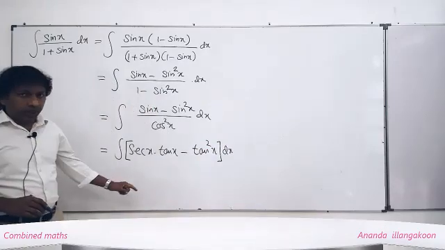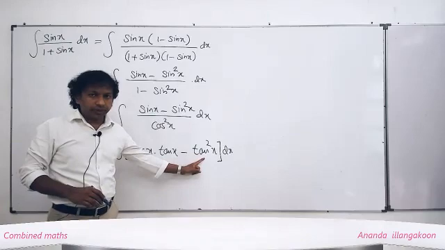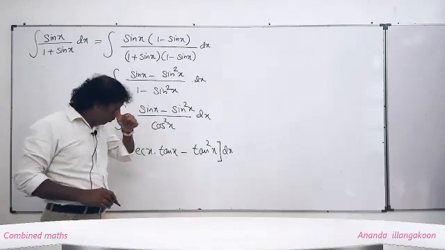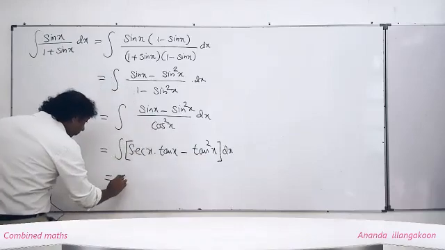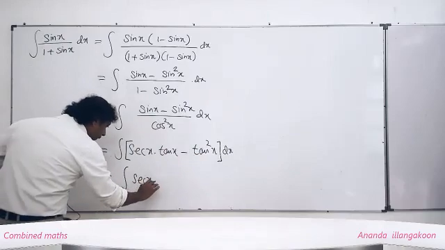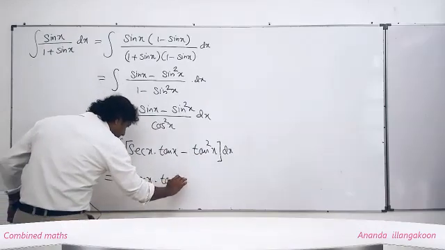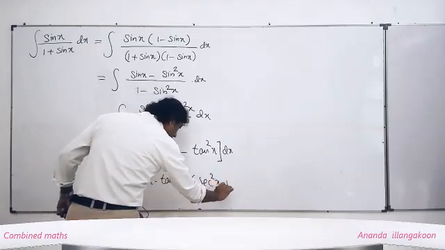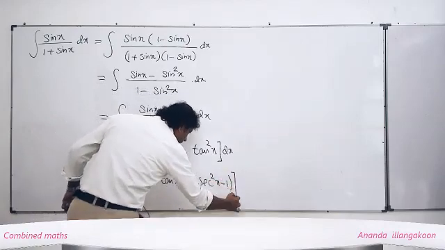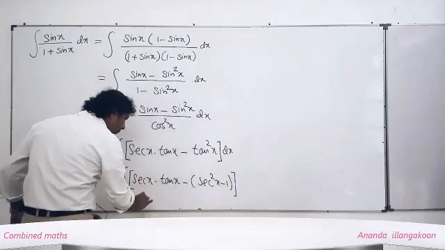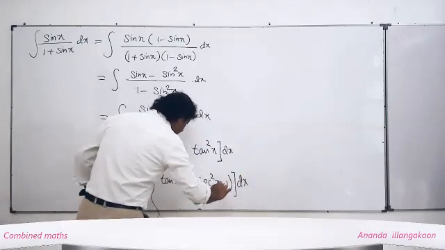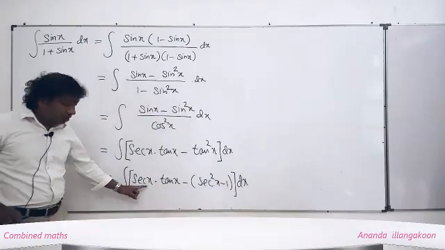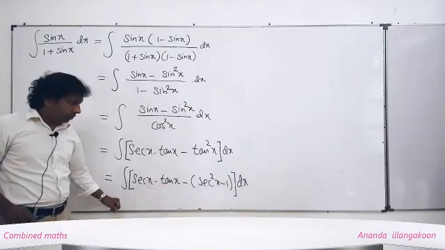This tan squared x you can write as sec squared x minus 1. Now, the integral of sec x tan x is sec x.